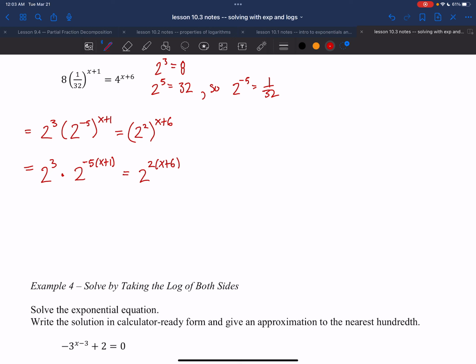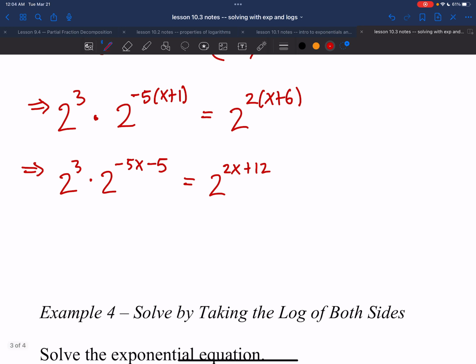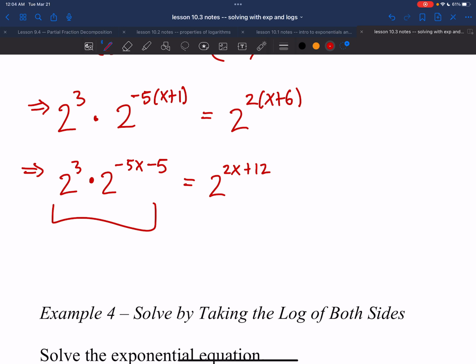If you want to go ahead and distribute that, you can. So I'll say this is 2 to the power of 3 times 2 to the negative 5x minus 5. I'll zoom in so you can really see that. Equals 2 to the 2x plus 12. And now at this step, right here, you are multiplying the same bases, so you add the exponents.